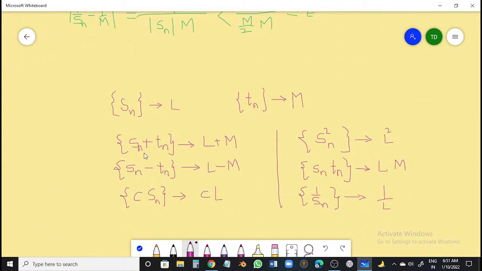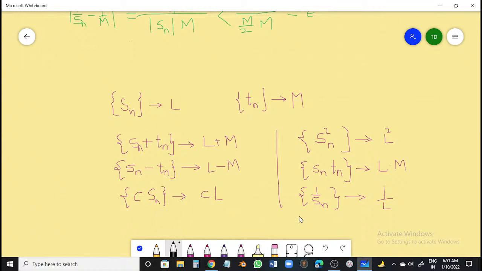So here we handled the addition of the sequences, difference of the sequences, square of the sequence, product of the sequences, scalar multiple of a sequence, and reciprocals of the sequences. Now what more to come?